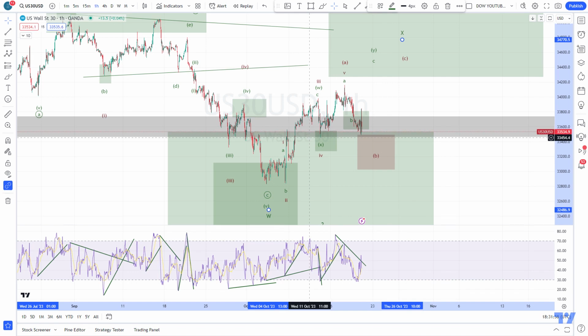We are getting quite close, that's for sure, but that does not invalidate the wave X scenario. Only taking out this low would mean that the wave X scenario is not playing out, and then it is definitely bearish. Then we have to consider more bearish scenarios.